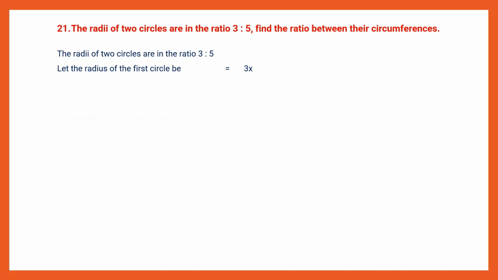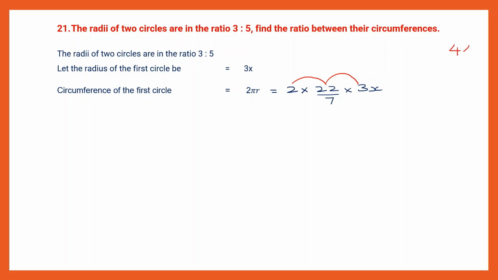Now we can find the circumference of the first circle by using the formula 2 pi r, which is 2 into pi, which is 22 by 7, into r. And what is r? The radius of the first circle, which is 3x. So now let's multiply. 2 into 22 is 44. 44 into 3x.